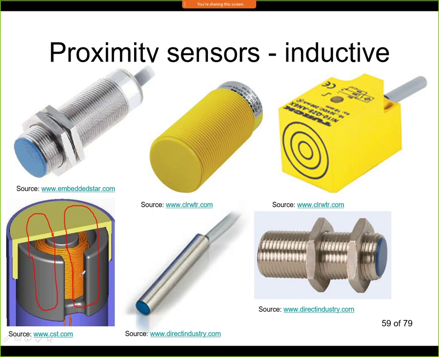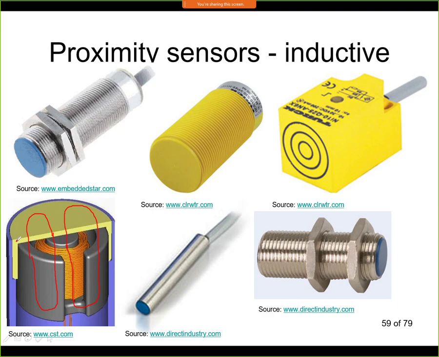The inductive sensor from the outside typically looks like a screw. So here you can see a screw like this. This would probably be M12 or M20, something like this, with a large diameter. And it can be made from metal or from plastic.